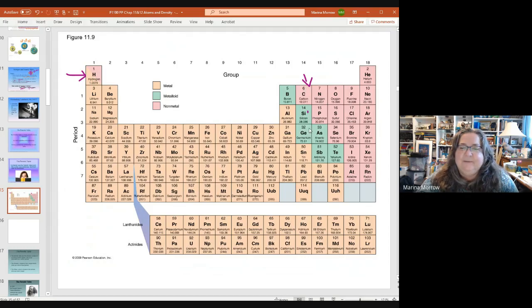And those have similar properties to germanium, and so on, and tin down below that. So the properties get repeated. And over here we've got beryllium and magnesium and calcium and strontium. Those have similar properties. And so that's why they're in columns or families.